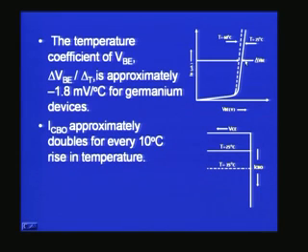As a matter of fact, this variation in VBE with reference to temperature for a constant current can be used as a temperature sensor or a transducer or a sensor for a thermometer.